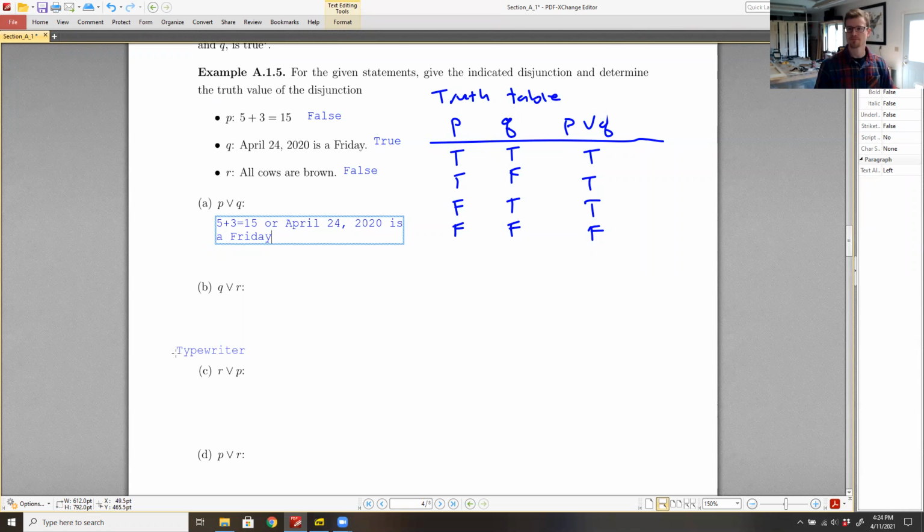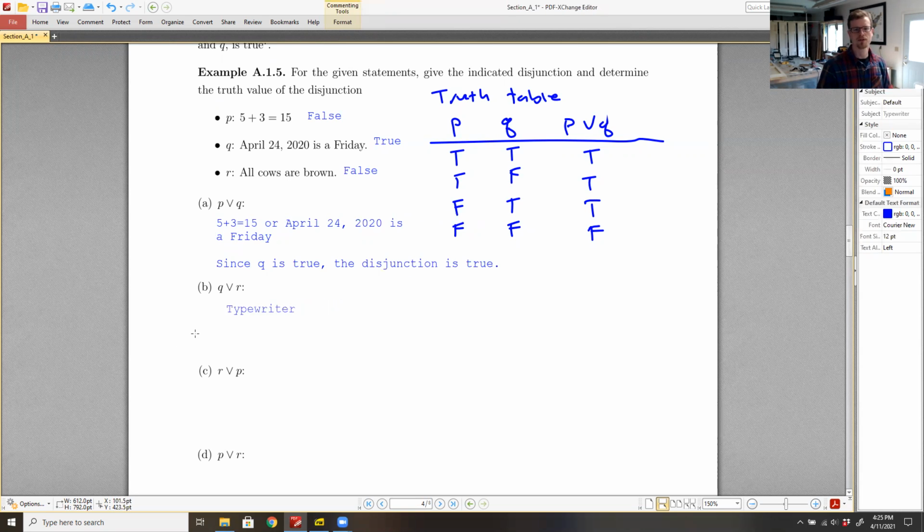So is one of these true? Yes, April 24th, 2020 is a Friday. That was true. So since Q is true, the disjunction in this case is true. Excellent.